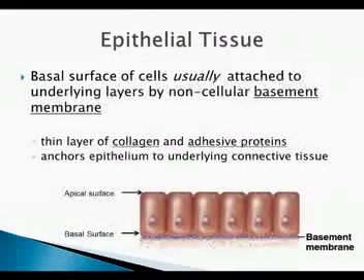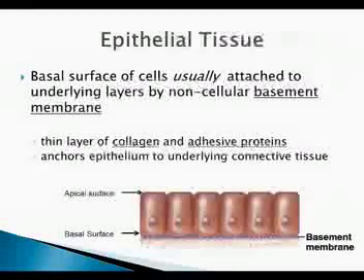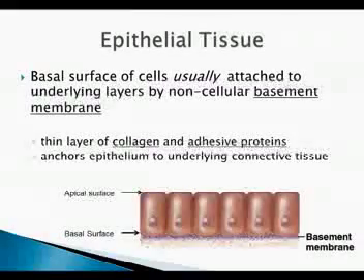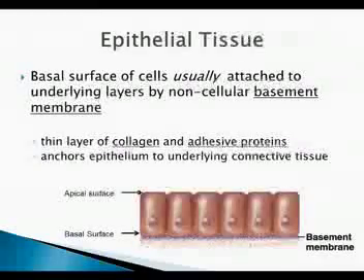And just some general terminology before we get into the specific types of epithelial tissue: the cell is going to have what's called an apical surface and a basal surface. Apical means apex or the top, and that's going to be the part that's facing the external environment or internal body cavities. It's facing away from the point of attachment, right? So that's going to be distal.